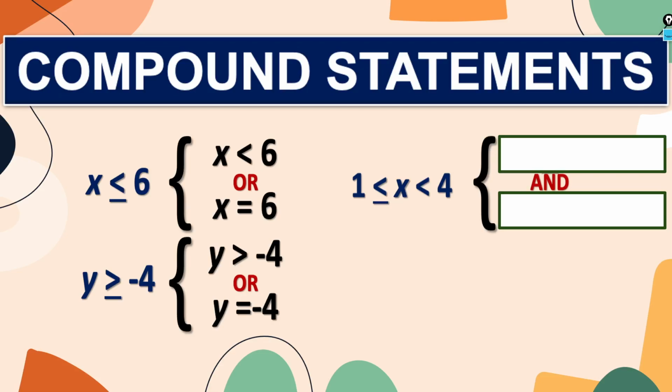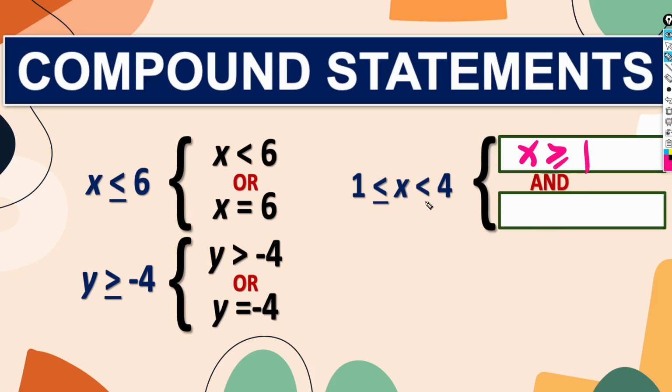Again, read mo aloud and then dun mare-reveal yung sagot eh. X is greater than or equal to 1 and is less than 4. Okay, dapat may sagot ka na. Now, we can break it apart into these simpler statements. The first part sabi, x daw is greater than or equal to 1. So, how do we write that? X is greater than or equal to 1.